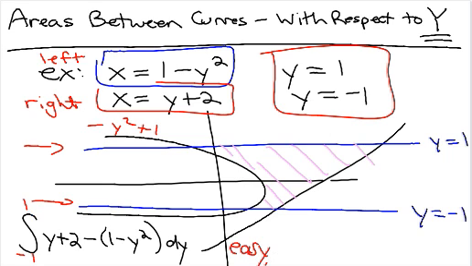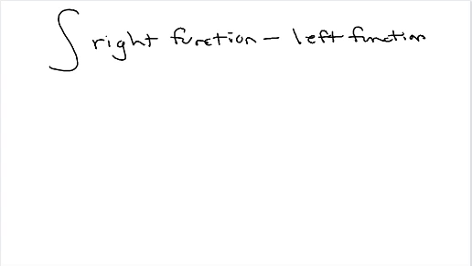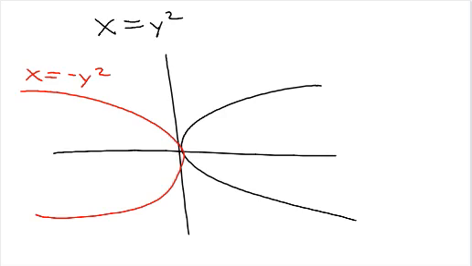Let's work on the setup of another problem, because setup is really the most important thing here. Let's say that I had x equals y squared minus 4 and y equals 2 minus x. And that's all they told you, and you're supposed to find the area between them.